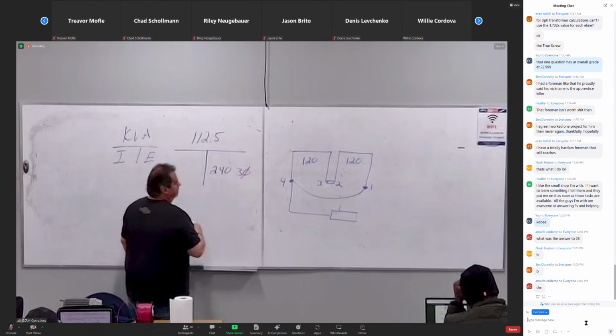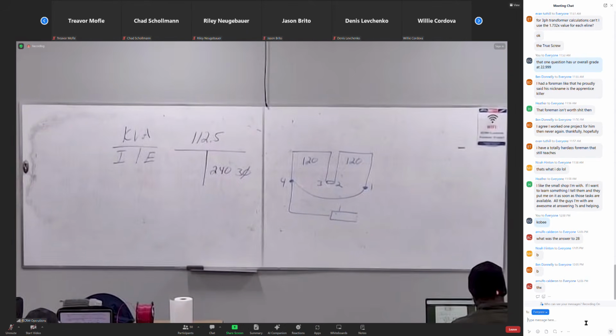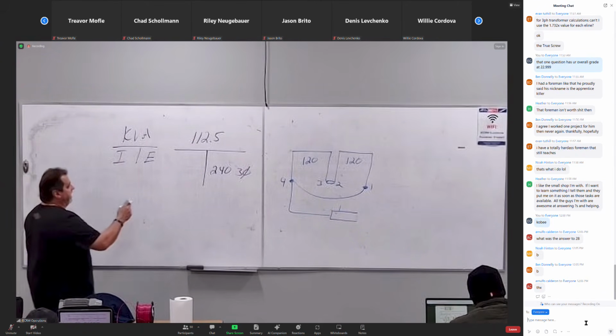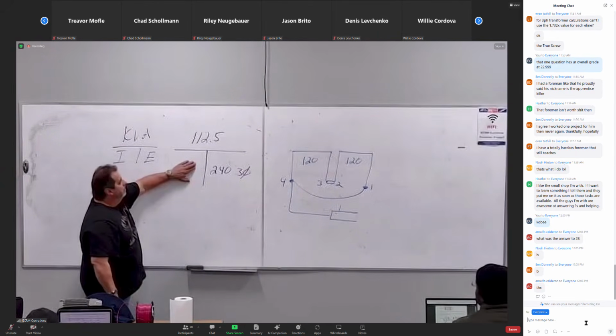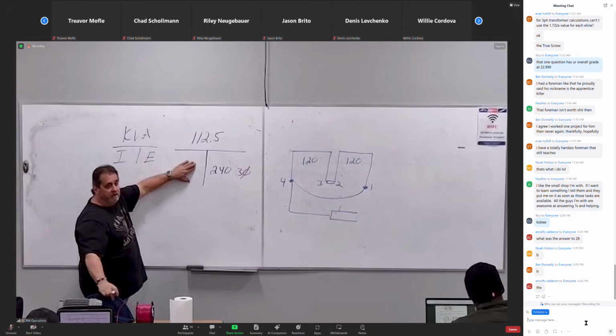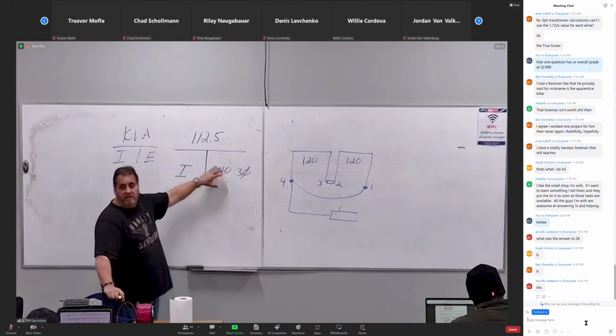And what's it asking for? Amps. It's asking for current, line current. It's just asking for I. How do we solve for I? We take 112,500, we divide it by 240 times 1.732, which is 415, and we get current.